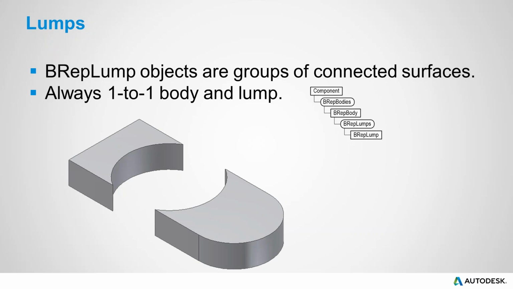If I actually did this operation that you see there, I had one body, I made that hole too big, and now Fusion would create a second body. So it never has a body with more than one lump. In Fusion, it's always one-to-one. So lumps, at least today, and maybe it'll change in the future, are not really used in Fusion since it's always one-to-one.